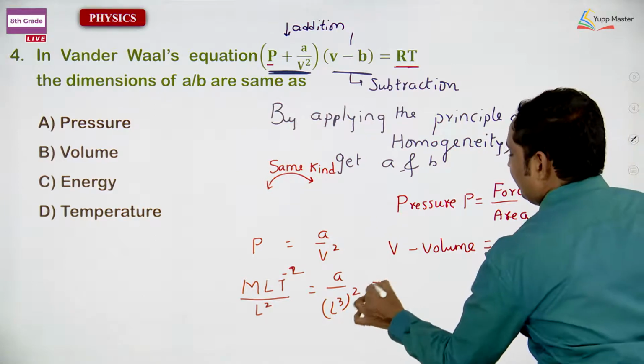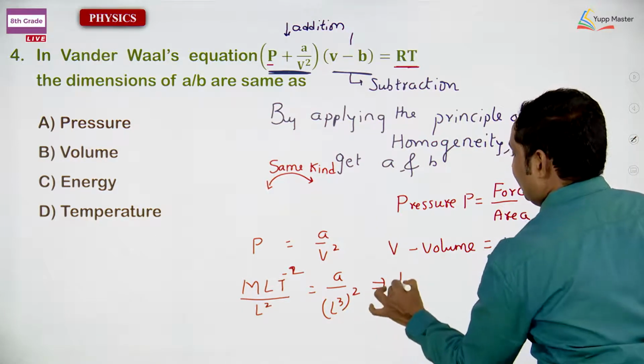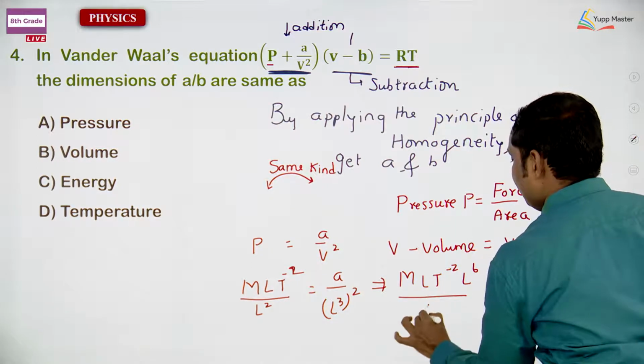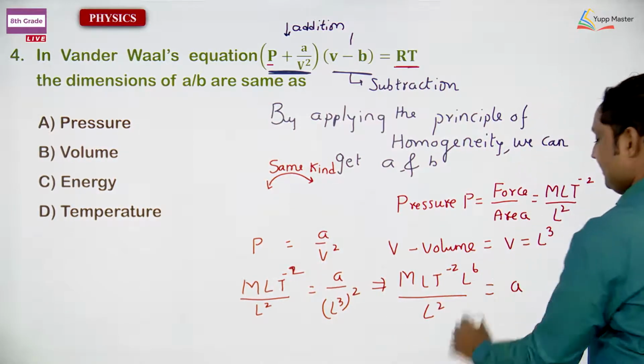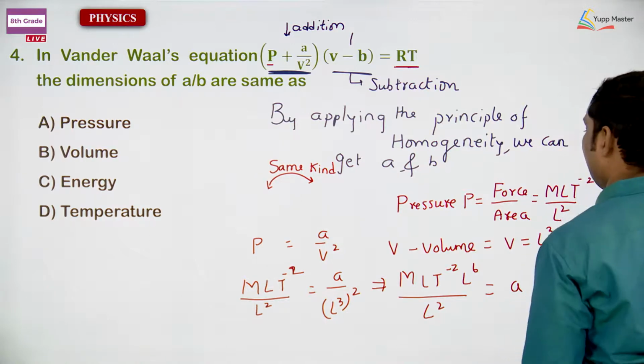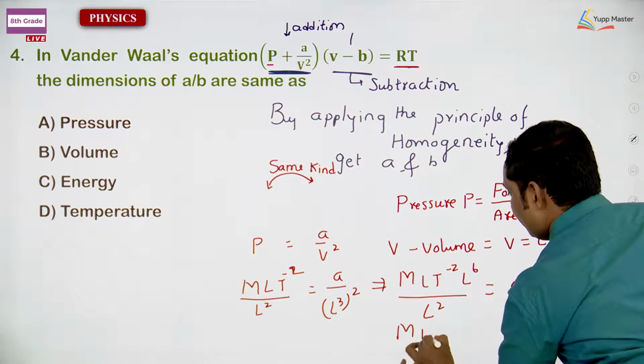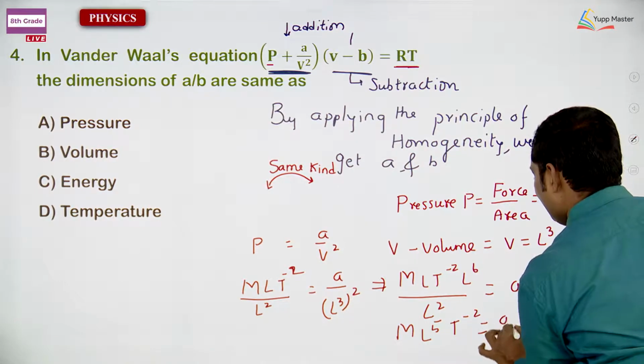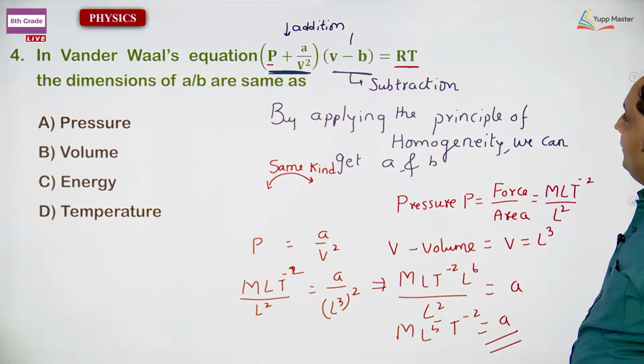That implies mLT minus 2 L power 6 by L square is equal to A. Just take that: m L power 5 T power minus 2 is equal to A. Alright, it is very clear.